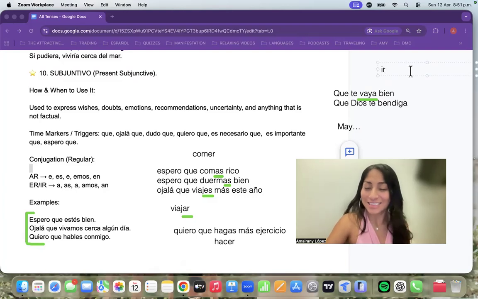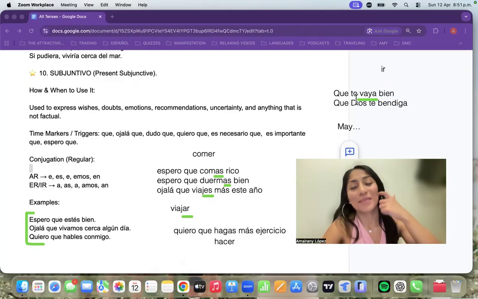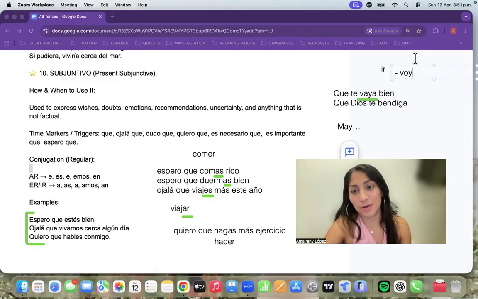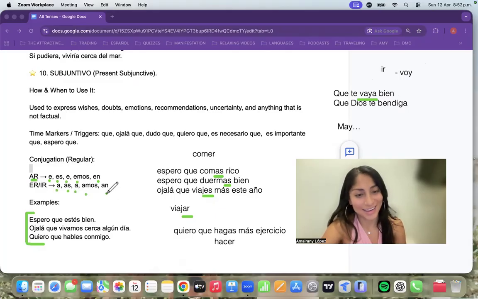You say "ir." You are doing something very well with this whole Spanish thing. So this is the "voy" one, right? So that's how this one becomes "vaya." So it does change a lot, but for the most part, when we have regular conjugations, then it just becomes the opposite. So "ar" becomes "es, e, es, emos, en," and "er/ir" becomes "a, as, a, amos, and an."